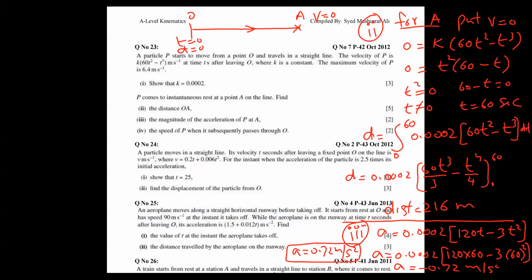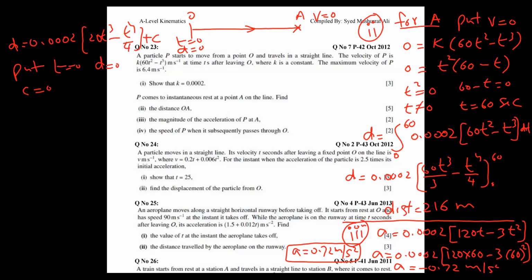So the expression is d equals 0.0002 times 20t to the power 3 minus t to the power 4 over 4 plus C. When I plug in d equals 0 and time 0, C becomes automatically 0.